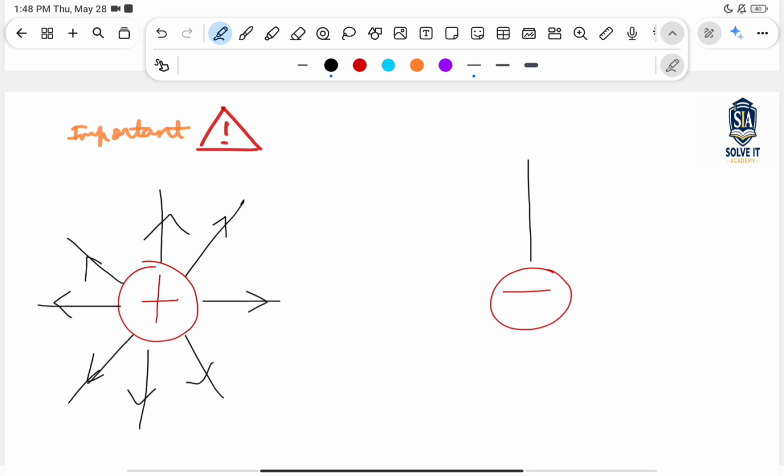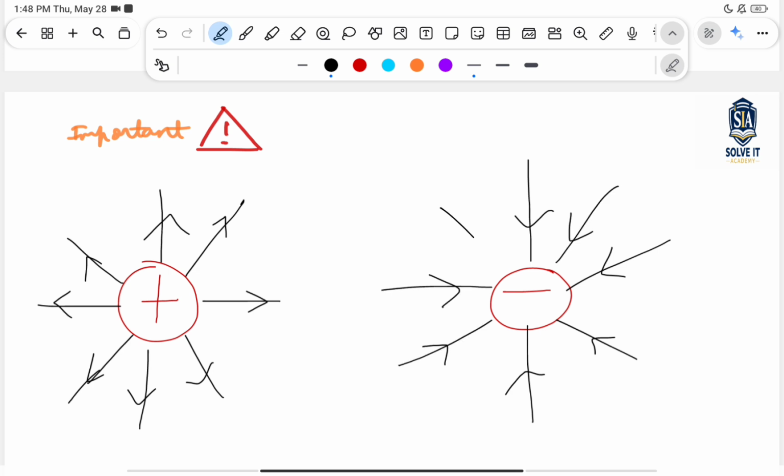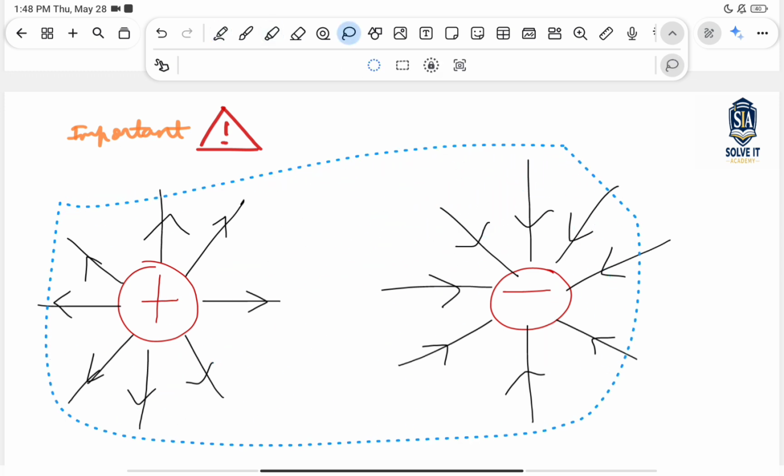Here, electric field lines are coming into the charge, moving towards the charge. This is the first simple point.